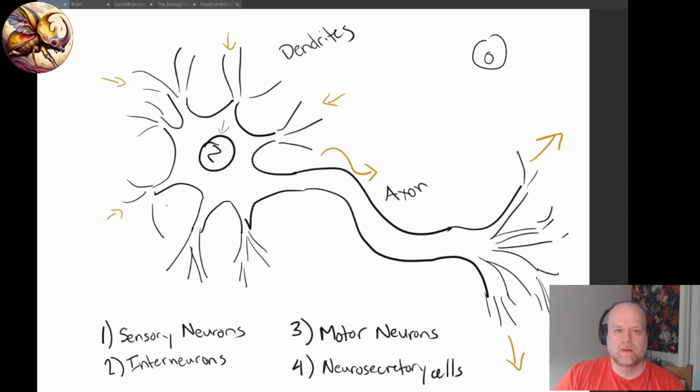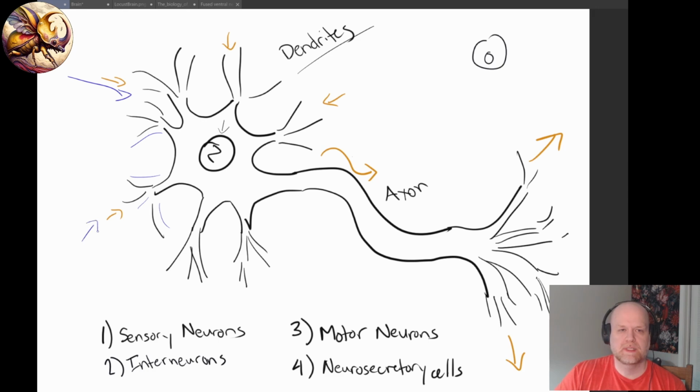The neuron cell body has two different input and output points. The dendrites are the branches coming off the top of the neuron body, the body of the cell, and this is for input.